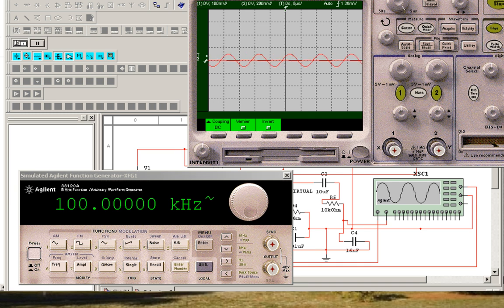We're at 100 kilohertz. The output's at 1 volt, the input's at 100 millivolts.